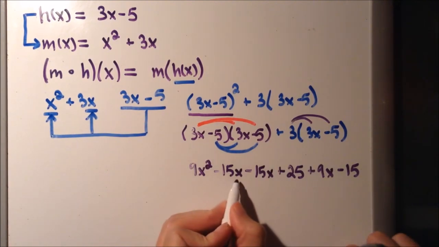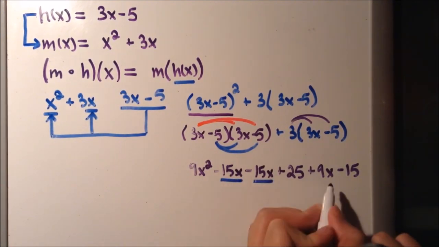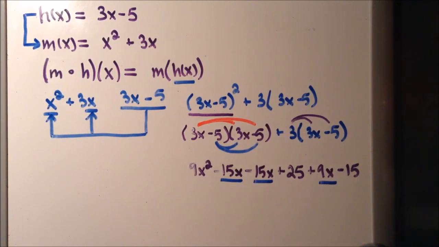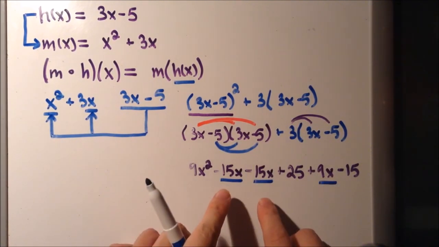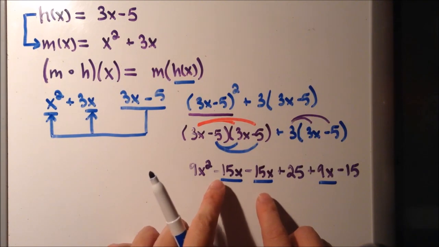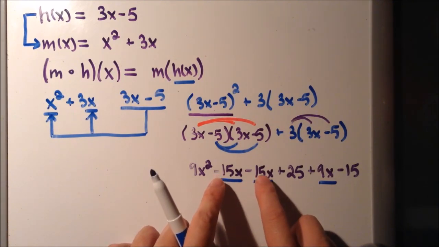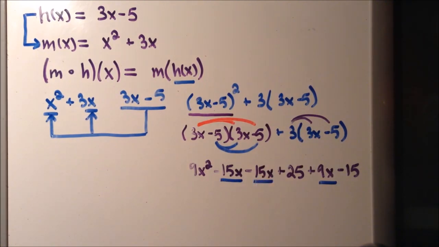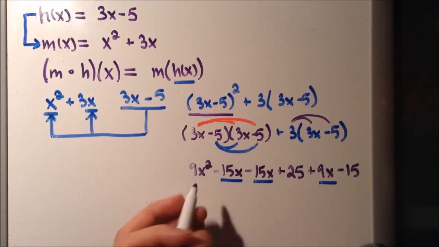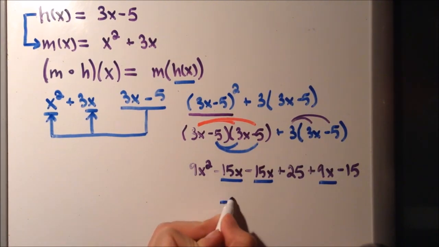Minus 15x minus 15x is negative 30x, and then negative 30x plus 9x is negative 21x.